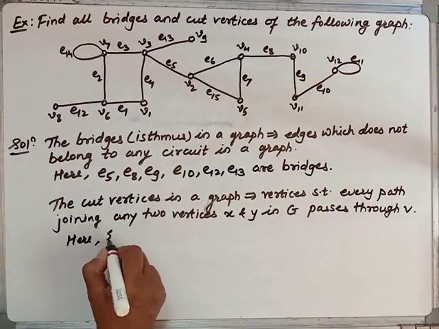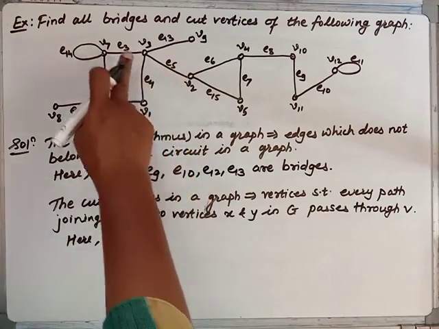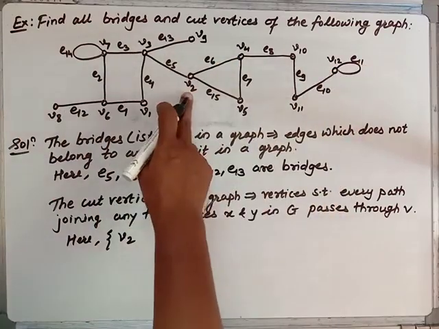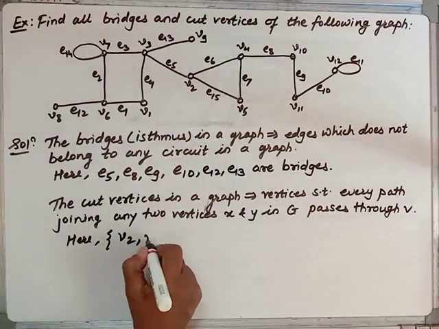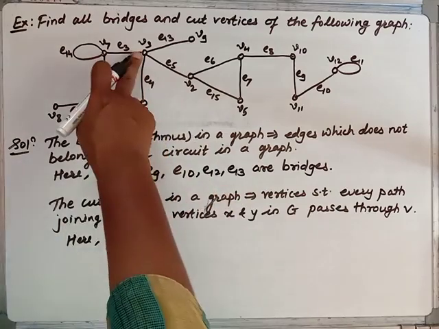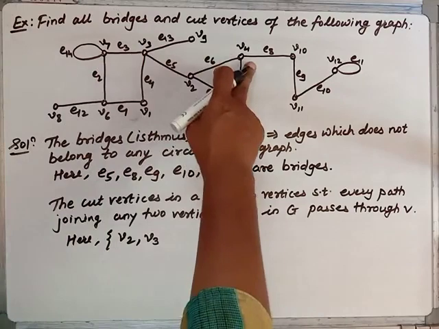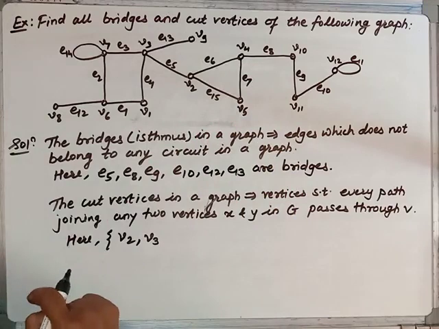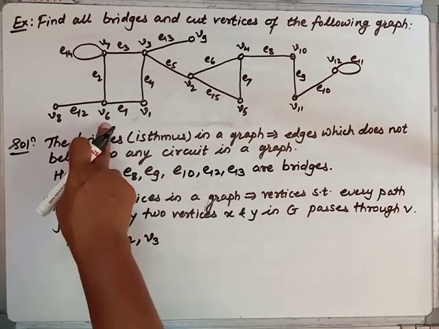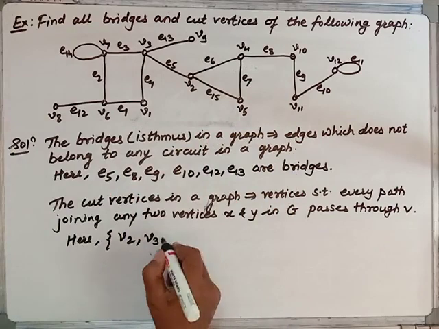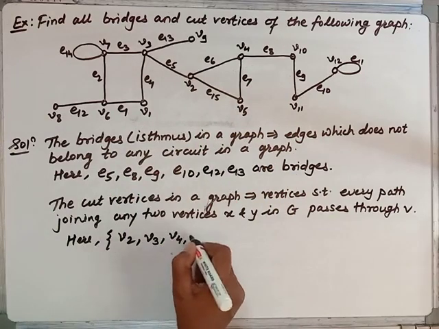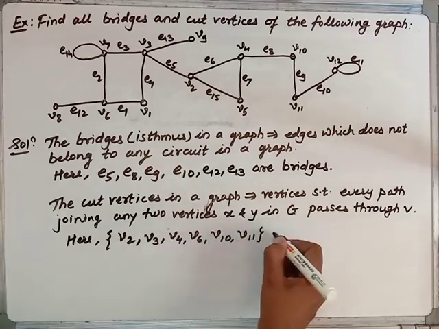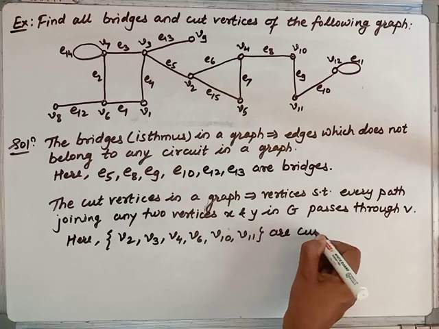Which are these? Look at this V2. Here some path will go through V2, right? So V2, then V3 also, then V4, V6, V10 and V11 are cut vertices.